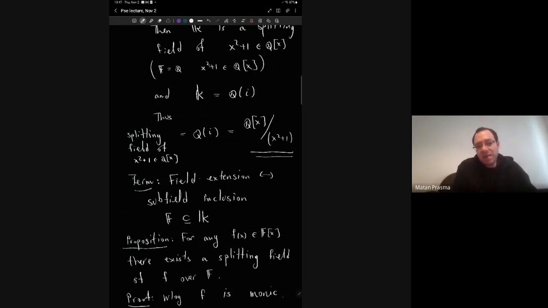The reason is that x squared plus 1, when it splits, splits into (x minus i)(x plus i). And once you have a field containing i, you already immediately split the polynomial x squared plus 1, because if you have i, you have to have minus i.